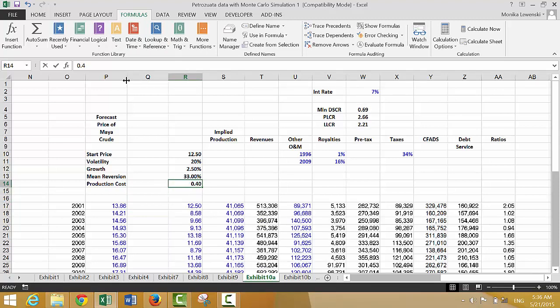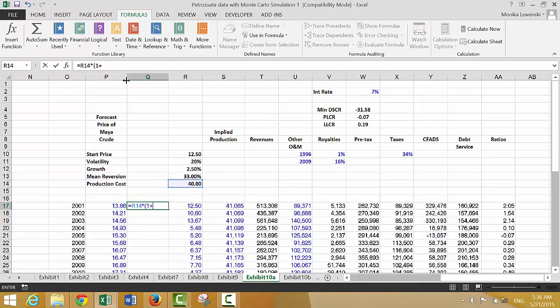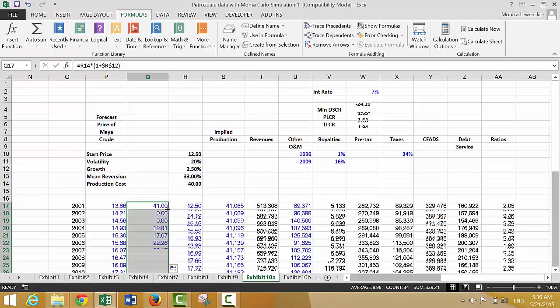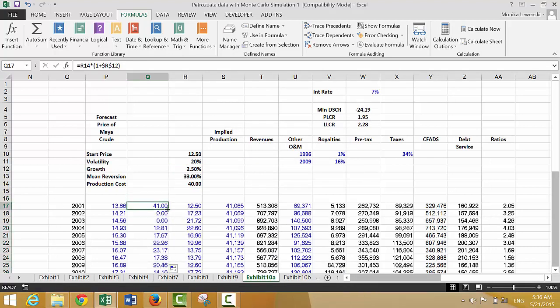Shift Control 1, 40. We'll put that 40 and we'll multiply that by 1 plus the growth rate. Let's just start with 40 and then multiply by 1 plus that growth rate.